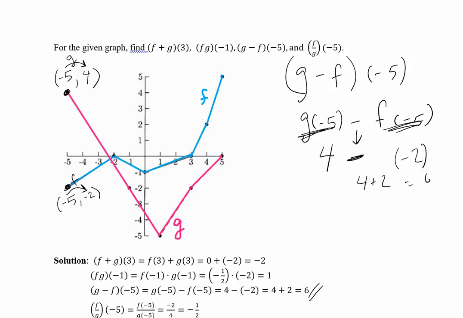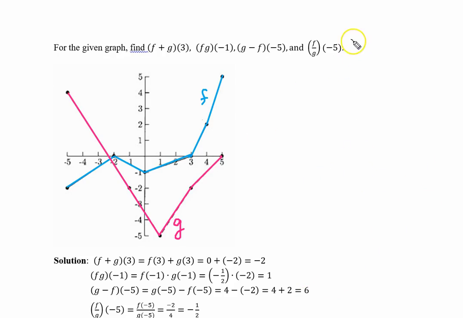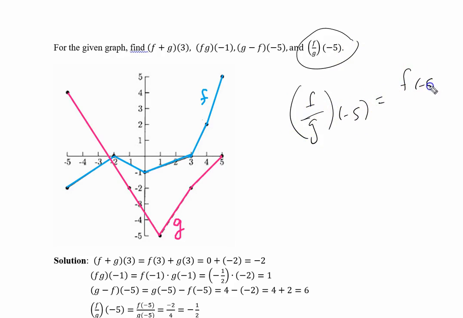So I'm going to clear the screen again. And what about this one? f divided by g evaluated at -5 is f evaluated at -5 divided by g evaluated at -5. And from the previous one, f evaluated at -5 is going to be -2.